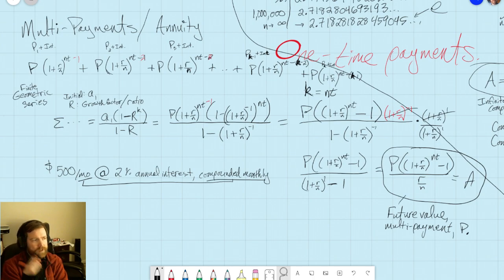So your units should match. Even if it's quarterly, or even if it's daily, or whatever, it will still work out that way. So, $500 a month at 2% annual interest compounded monthly for 15 years.